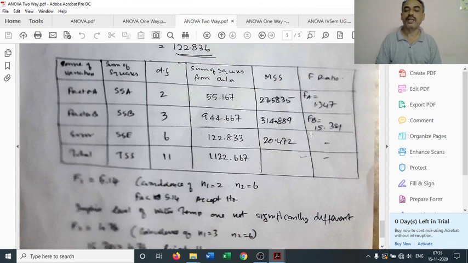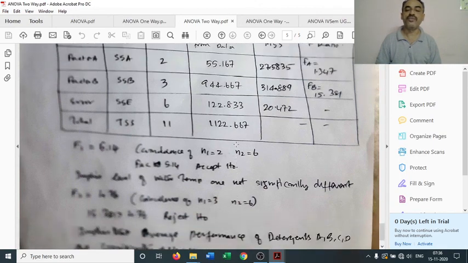Like that, FB, the F ratio for the second factor, is obtained by dividing the MSS for factor B by the MSS for error, that is 314.889 by 20.472. We get them as 1.347 and 15.381.